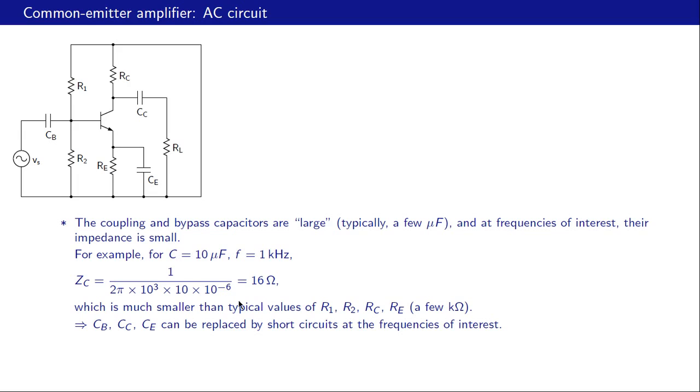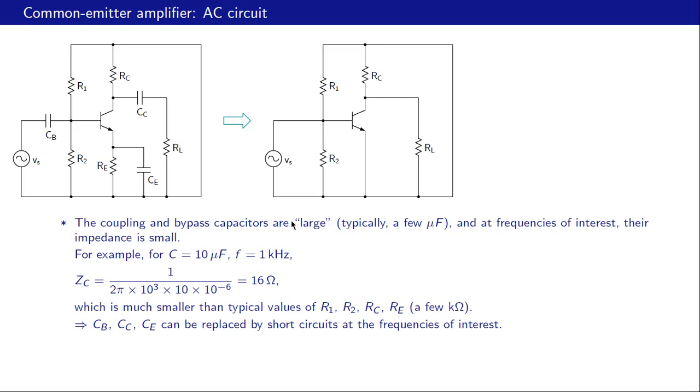And this impedance is much smaller than typical values of the resistances in the circuit like R1, R2, RC, RE, which are in the range of a few kilo ohms. And therefore what we can do is replace these capacitors CB, CC and CE with short circuits because their impedance is so small. And let us see what we get in that case. So this is what the circuit reduces to.